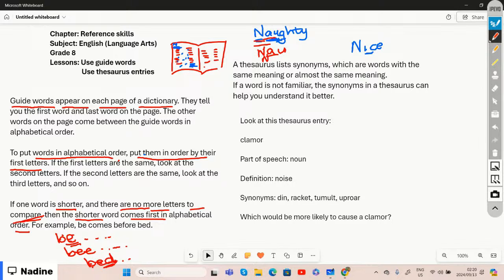So before we even go on to thesaurus skills and what to look for in a thesaurus, in a dictionary, they'll give you words as well as their meanings, to that specific word that you are looking for. But then you have a thesaurus, where they're giving you the synonyms of these words.